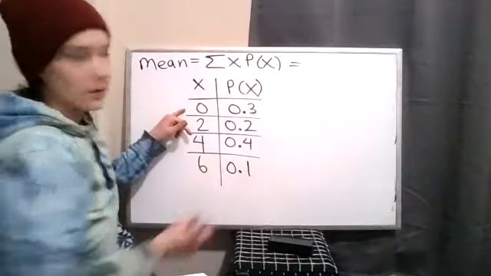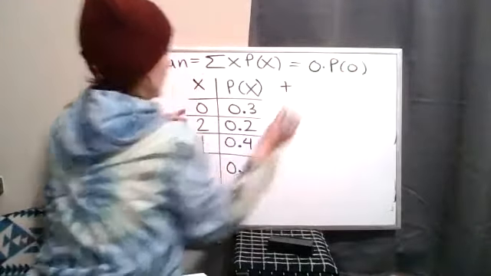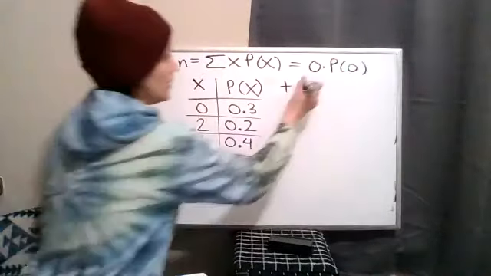All right, first x value, 0 times 0.3 is the first one. Add 2 times p of 2.